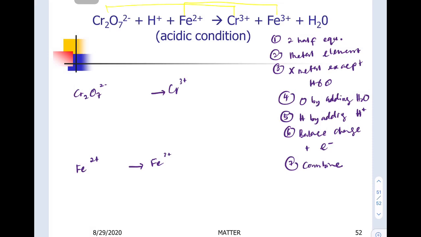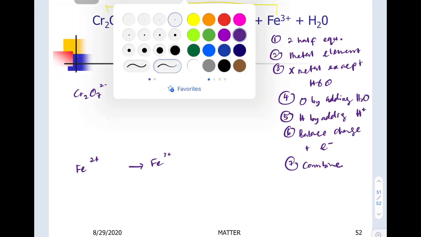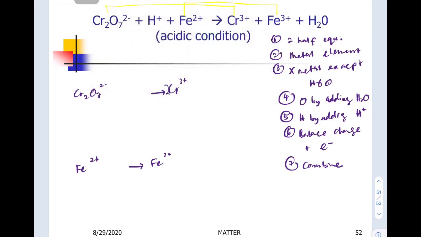Start with the first step, which is to balance the metal element. In the first half equation, the metal element that we have is chromium. We have two chromium at the left, one at the right, so we have to add 2 in front of Cr3 plus.